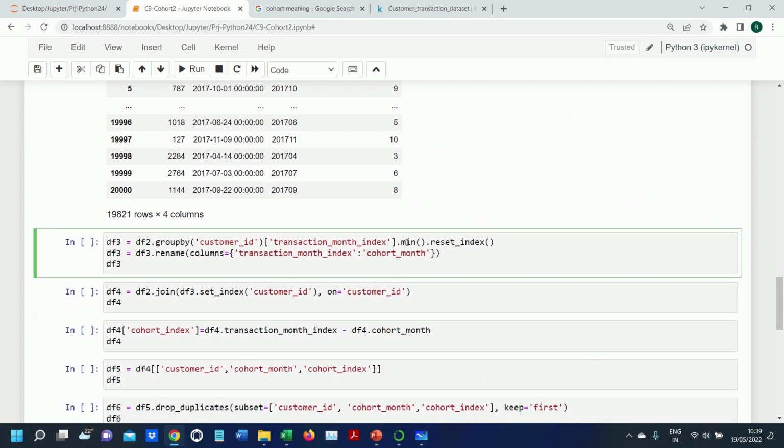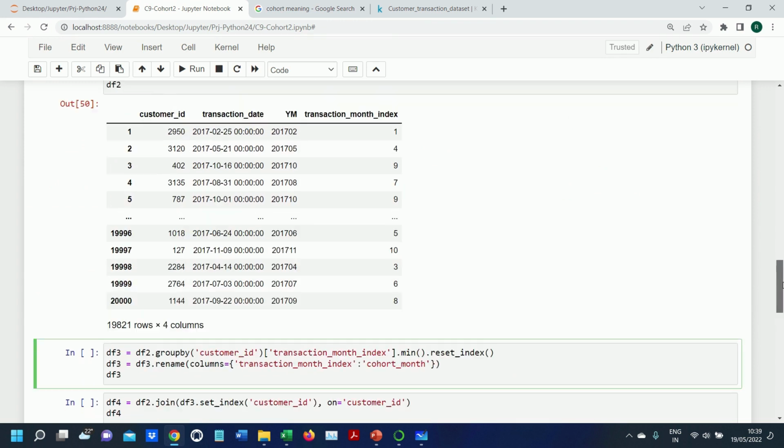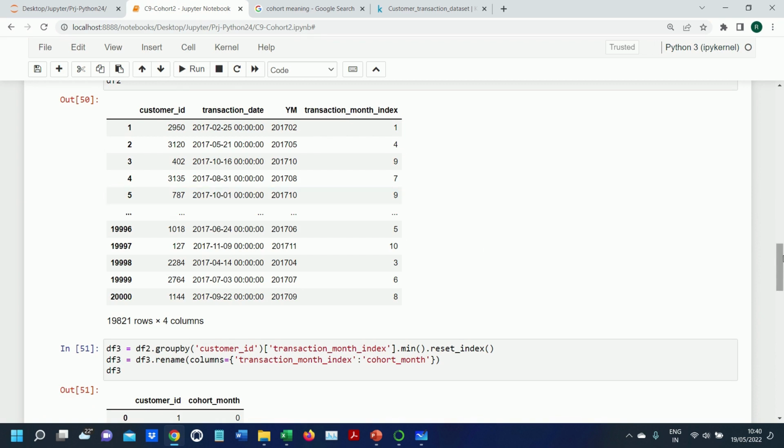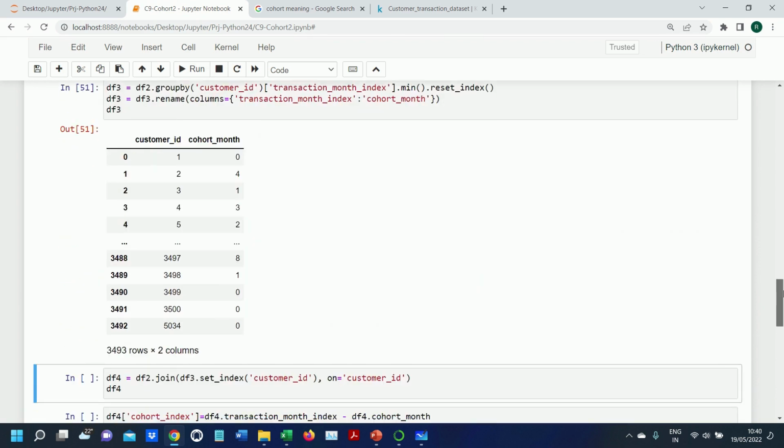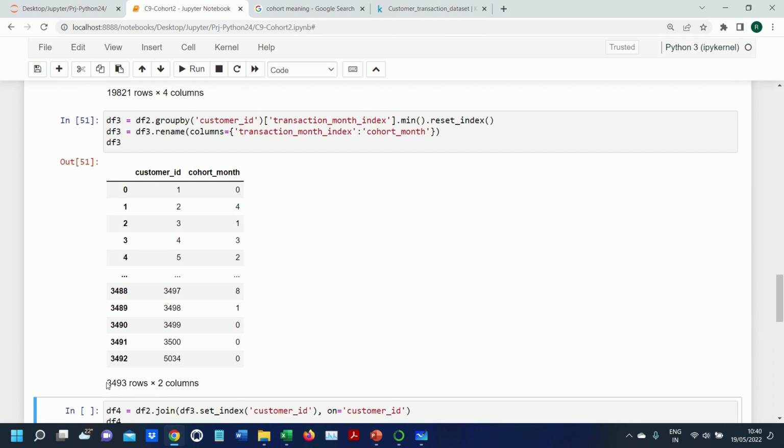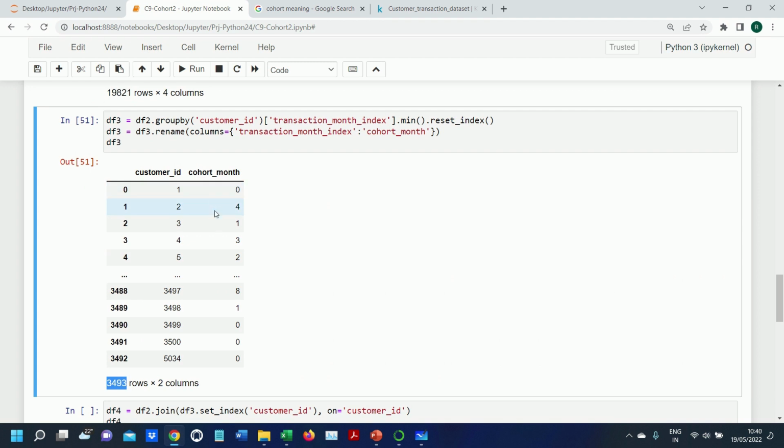So let me take the minimum of this transaction month, and I'm creating a new data set. This data set is showing all transactions, but I want a data set that shows the first transaction of each customer. So when I do this, I have around 3,493 customers in total, and this column represents the month in which each customer had the first transaction.